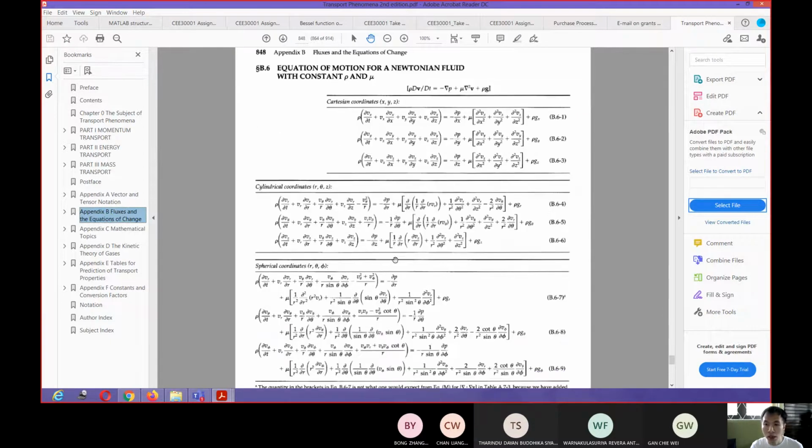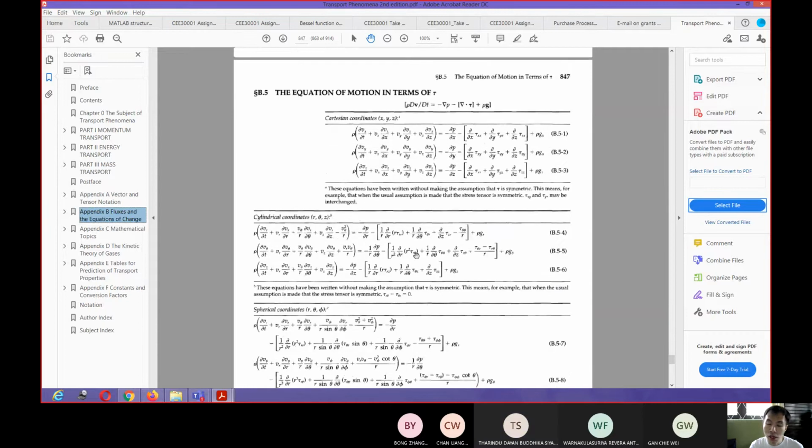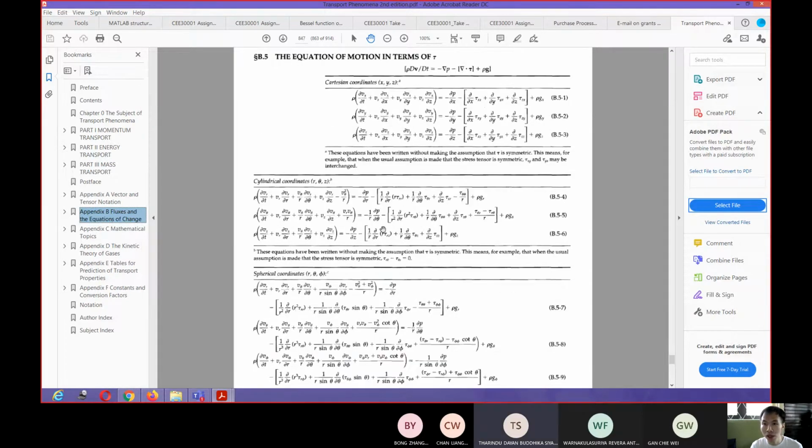Here we are dealing with cylindrical coordinates, so those who use B64, B65, and B66 will not get the correct answers. I gave you a hint that you need to use B5, because it is more general, and you need to simplify this equation of motion in terms of the shear stress.